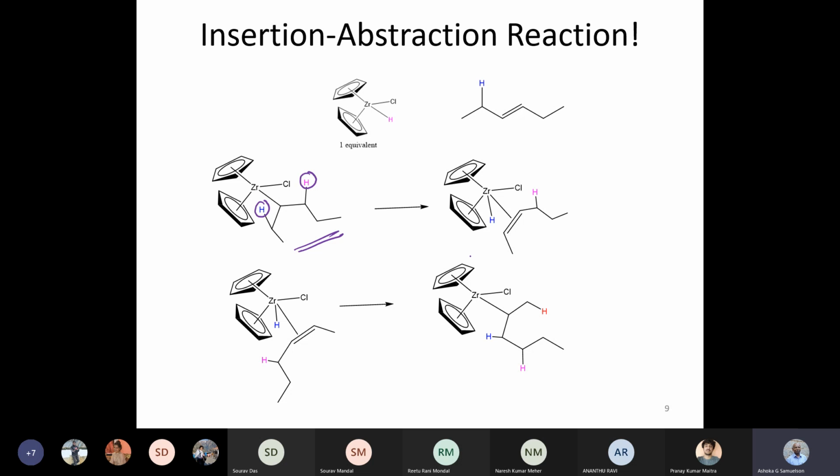If it removes the blue hydrogen, then it produces 2'. So in other words, starting with 3, we will end up with 3', and 3' can generate 2', or rather I should say alkene coordinated, which would be the same thing as 2-hexene coordinated to the Schwarz reagent.